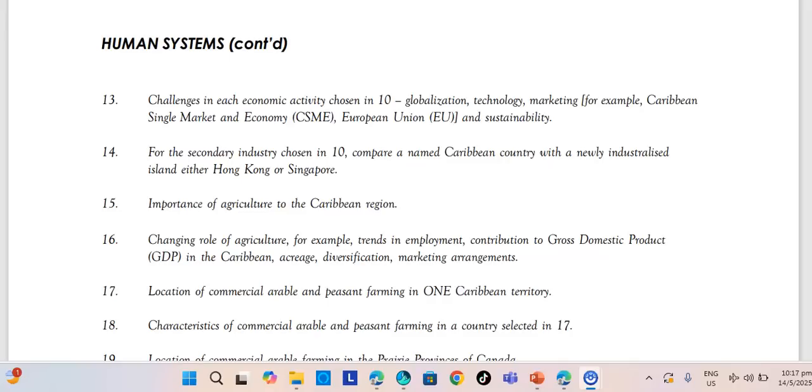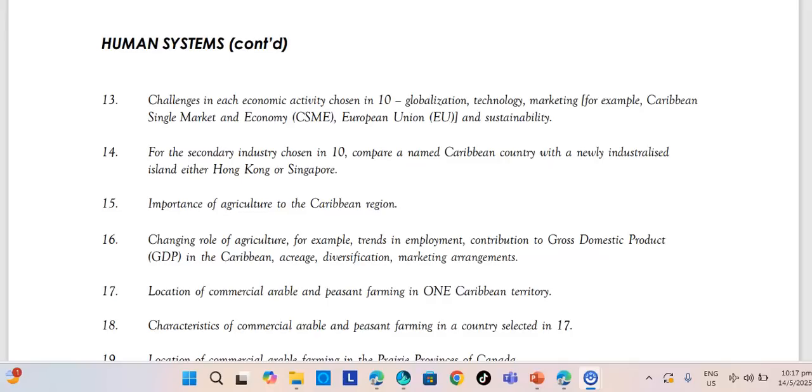People are importing cheaper food, which will reduce the demand for local products because you're going to buy the food that is imported since it is cheaper. Technology: small farmers can't afford modern machines or irrigation systems. Marketing: poor packaging, transportation, and lack of global brand recognition hurt sales.